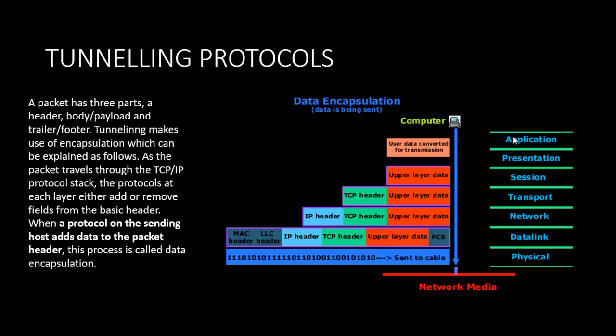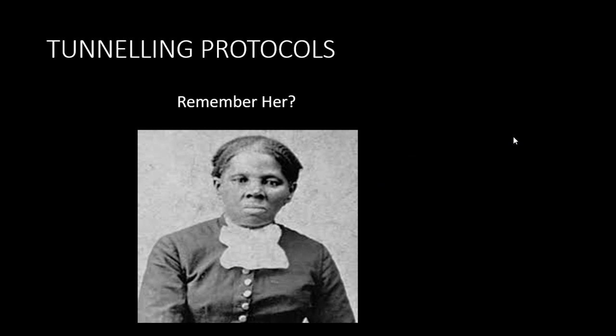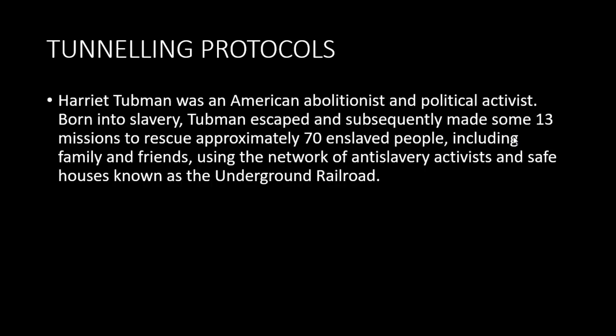See? So you remember her. Who is she? What does she have to do with tunneling protocols? Well, this is Harriet Tubman. Yep. Harriet Tubman was an American abolitionist and a political activist.